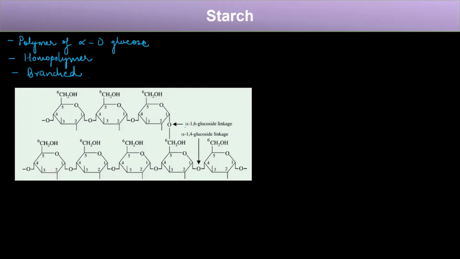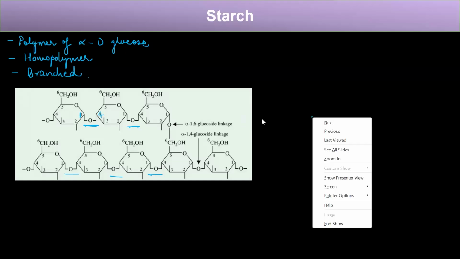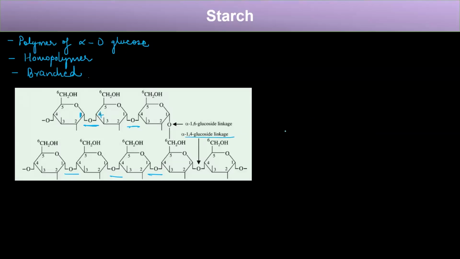The major one is alpha 1-4. These are alpha glucose units, and the linkage is between the first and fourth carbon, hence it is an alpha 1-4 linkage.